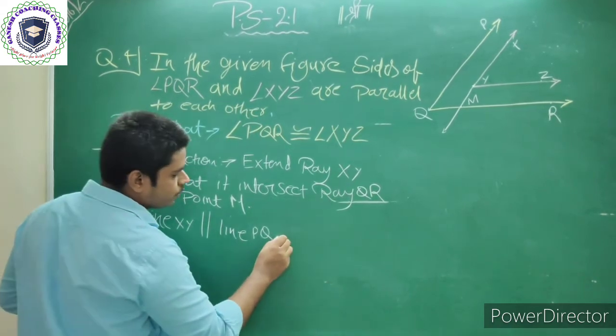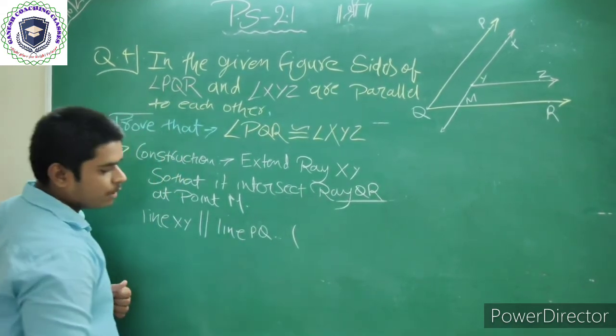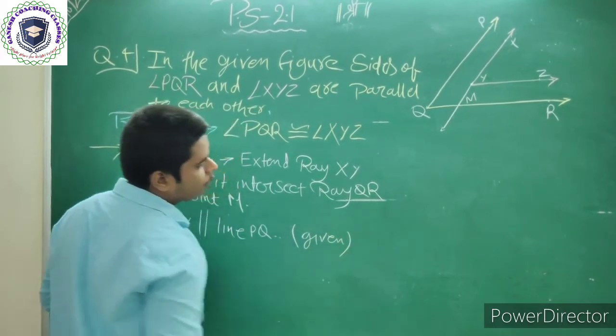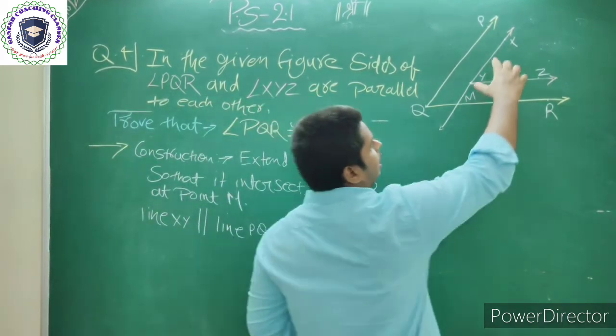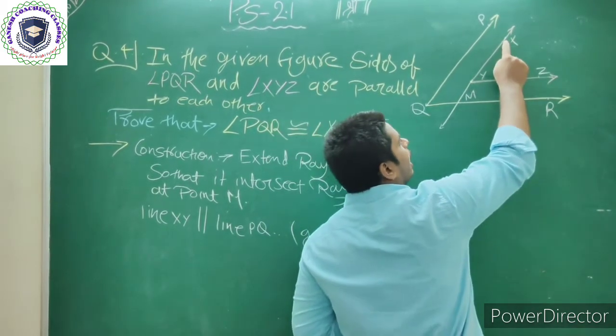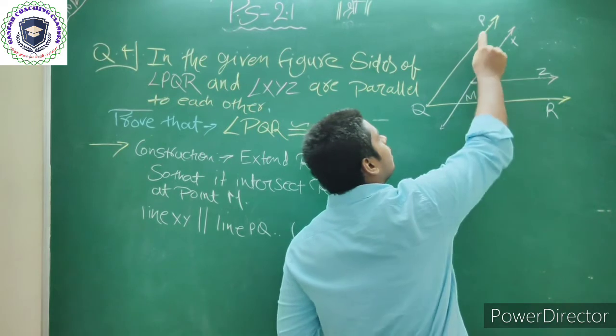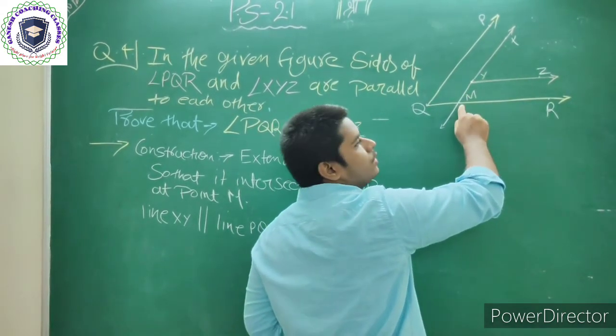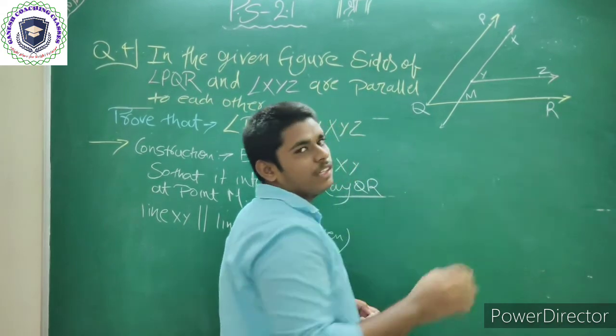From which we get this relationship. It was given, so here we have to write: when XY is parallel to PQ, we can conclude that XM is also parallel to PQ, because X, Y, M, these three points are collinear.